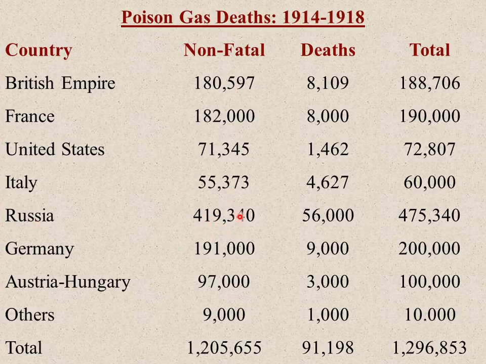Russia had 419,000 something get wounded, and then the country that had the most gas attacks was also Russia, because they had the total deaths. Russia actually had many soldiers fighting in the war, and they got exhausted because they fought for a really long time. They ran out of supplies. That's a fun fact. But yeah, okay, so Russia had the most poisonous gas deaths.